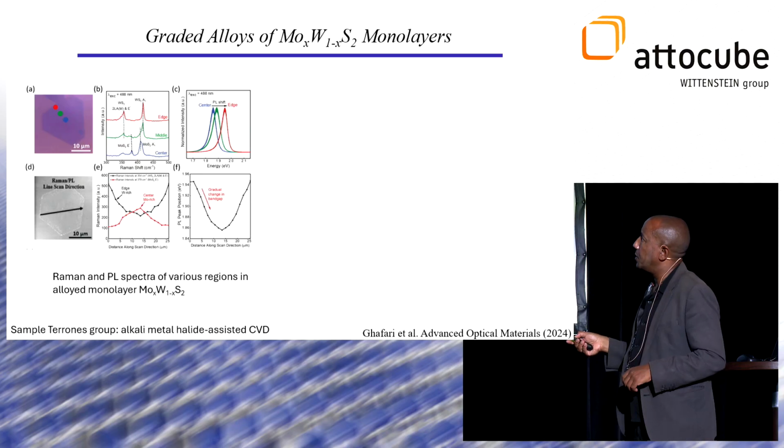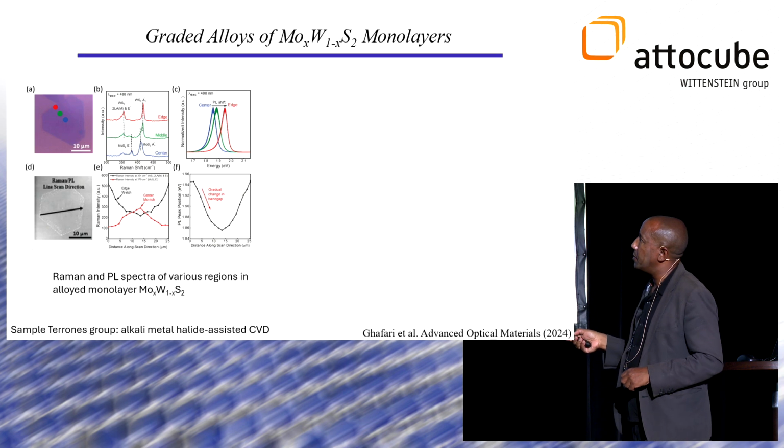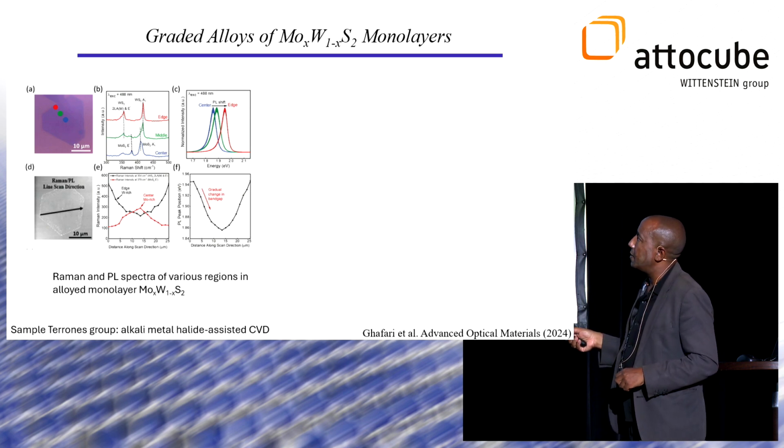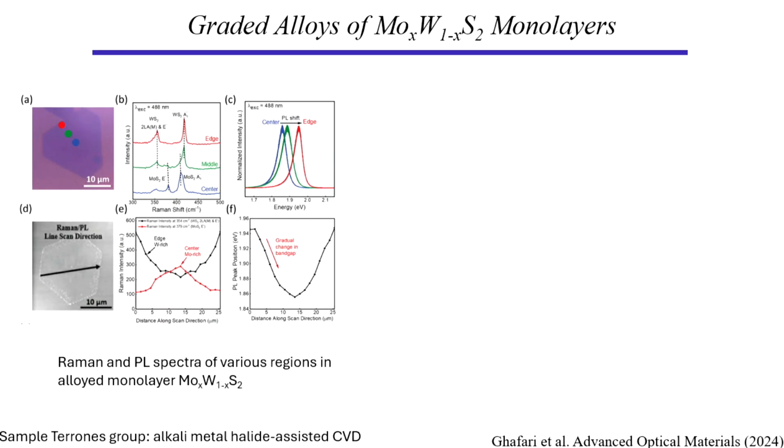So if you do just far-field Raman and PL measurements, what you notice is, again, the same thing. On the outer edge, you see the characteristic Raman peaks for tungsten disulfide, and then the inner one shows you the characteristic peaks for molybdenum disulfide, and in between you get the mixture.